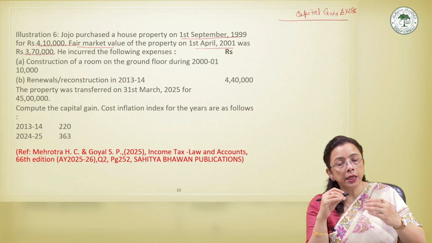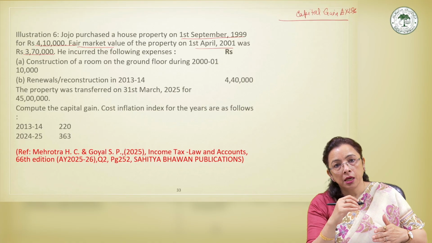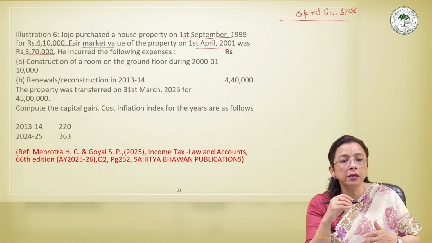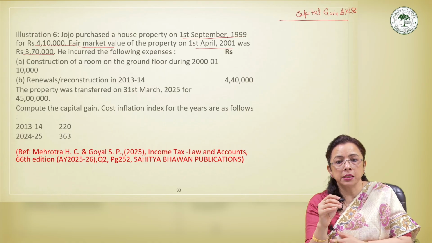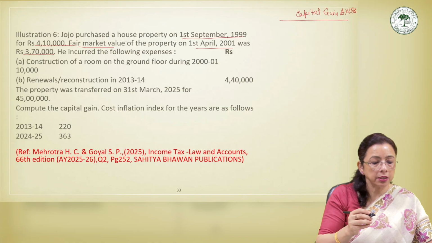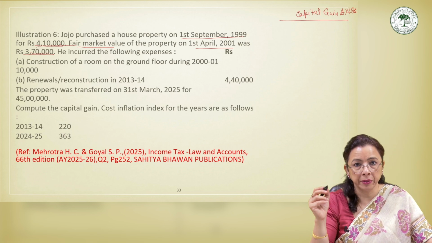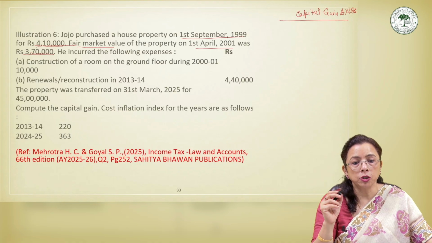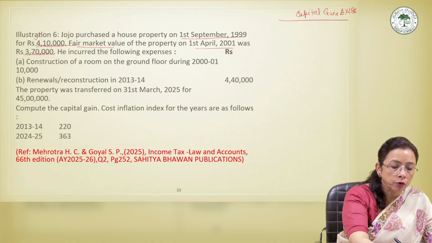If any property is purchased before that, we always compare the FMV and the purchase price, and whichever is higher will be taken as the cost of acquisition. It is very important to remember this. When we compare these figures, 4,10,000 is to be taken into consideration. So we will go with 4,10,000.